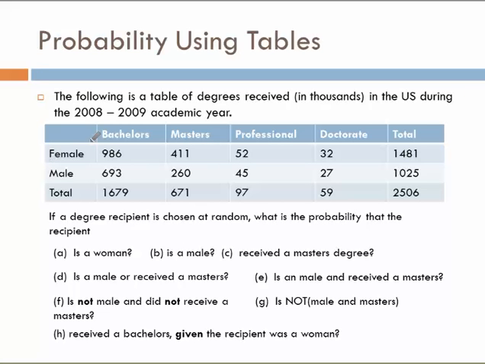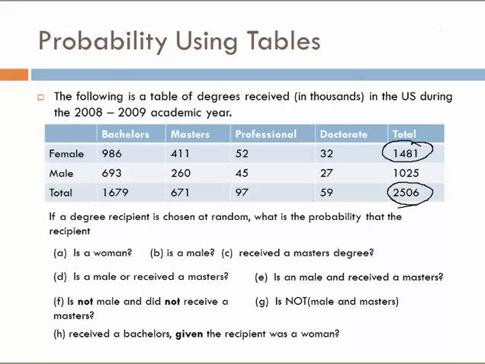So first of all, let's start out with the probability that the person we chose is a woman. If we look at our table, we see the total number of females is 1481. And in our sample, we have 2506 people in total.